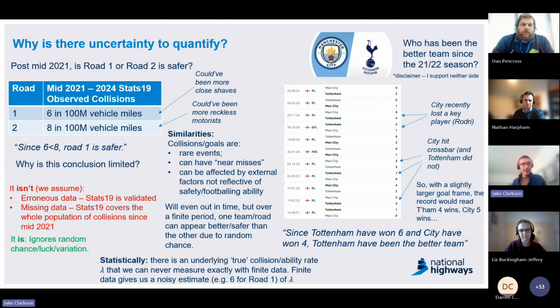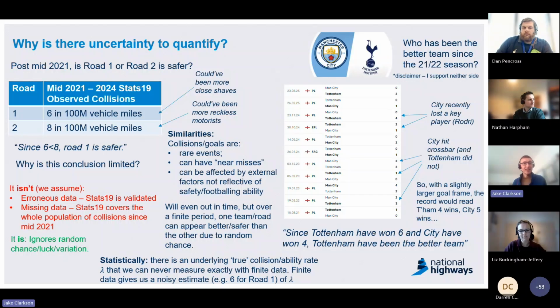So these numbers of near misses and favourable or unfavourable external factors will even out over time, but over a finite time period, you can see how one team or road can just appear to be better or safer than the other, just due to random chance. And the fact that collisions and goals are quite rare events means it will take a longer period of time for these chance-based factors to even themselves out.